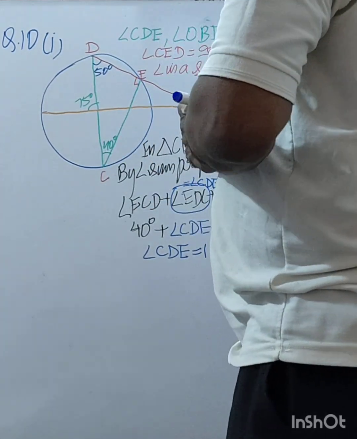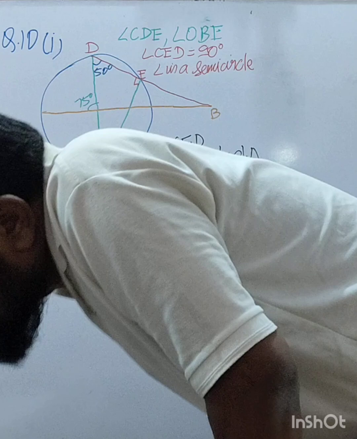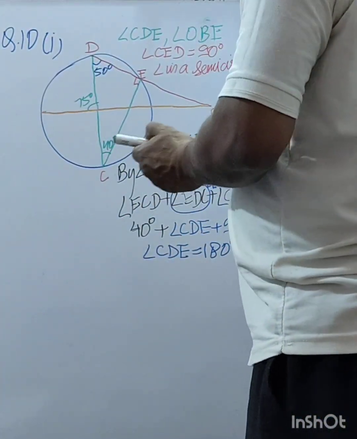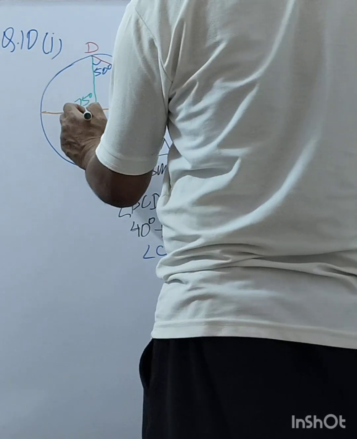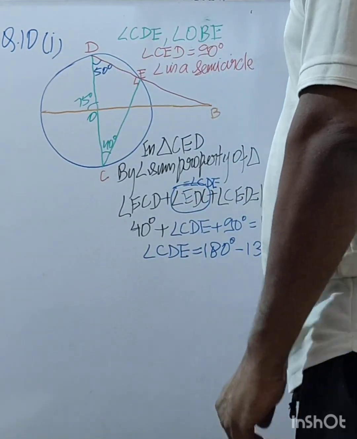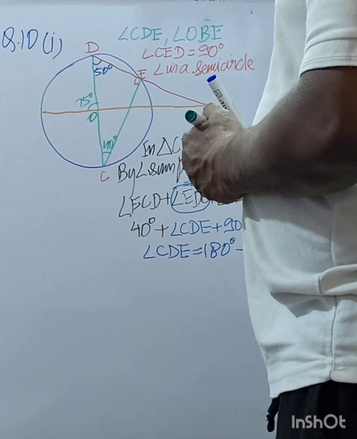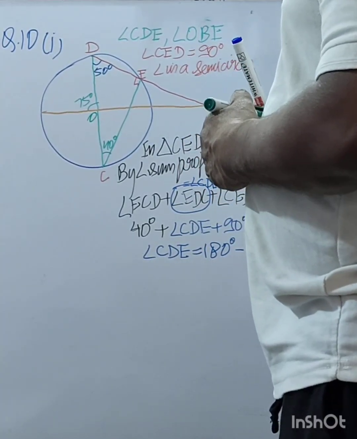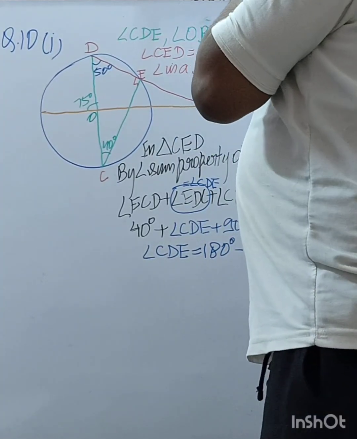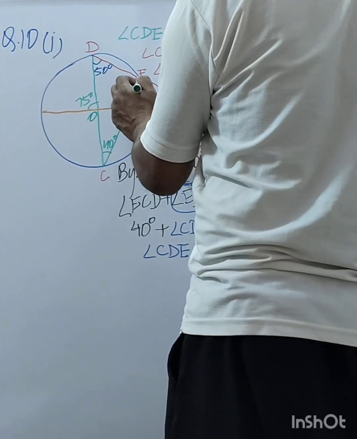What else? OBE. Here O is the center. OBE we have to find. So how will we go with this? This is of 90 degree.